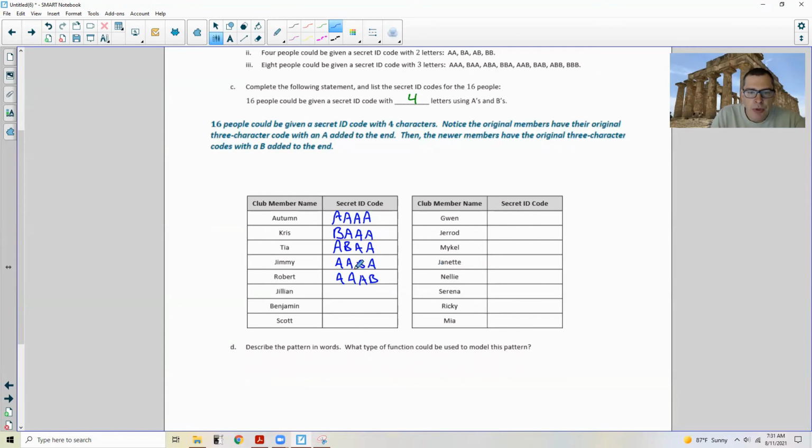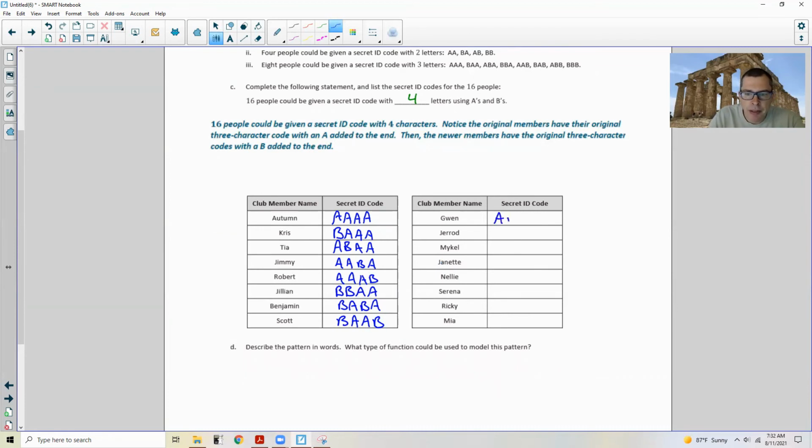Then we would introduce 2 B's. Distribute the 2nd B throughout and leave the 1st B where it is. So I just move the B to the right one. And then finally, I start moving the 2nd B over.